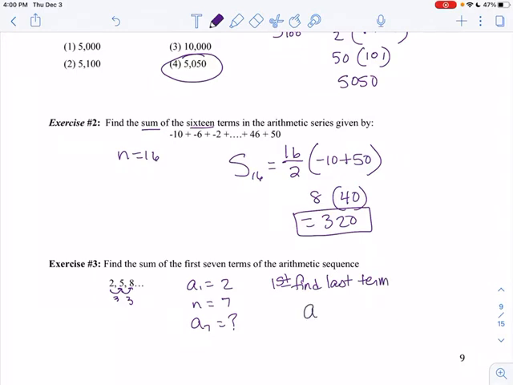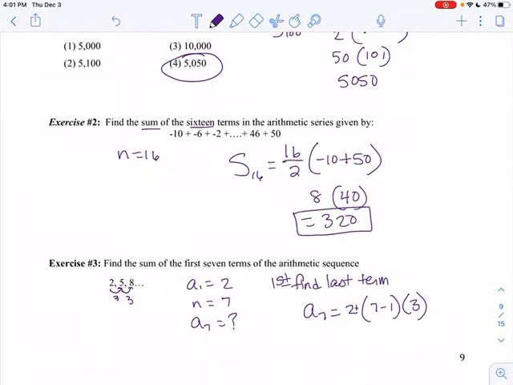Well, a sub 7 equals the first term, 2, plus n minus 1, remember this formula from earlier on, times 3, that common difference. This is a formula we had a few days ago. I do 2, the first term, plus, and then it's 7 minus 1, the n minus 1, times that common difference.